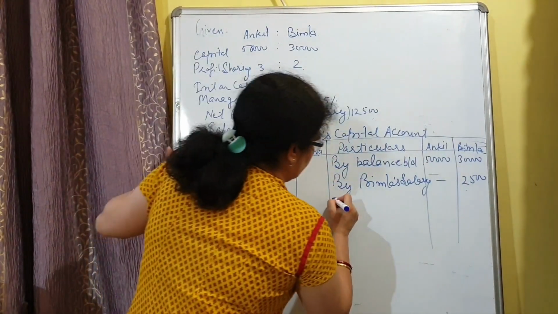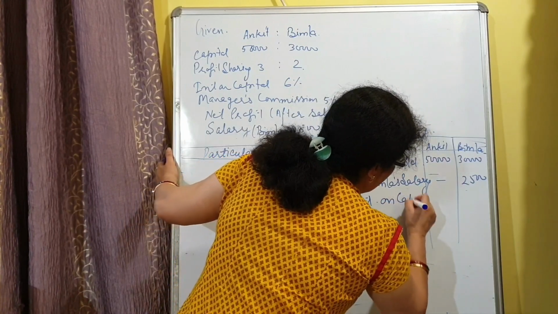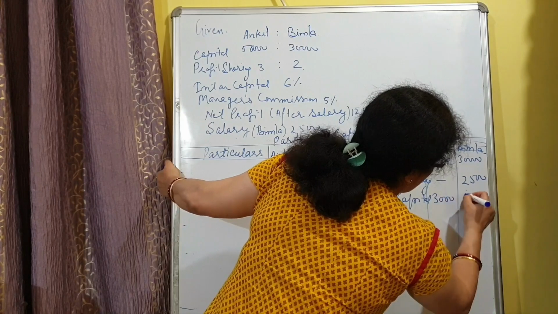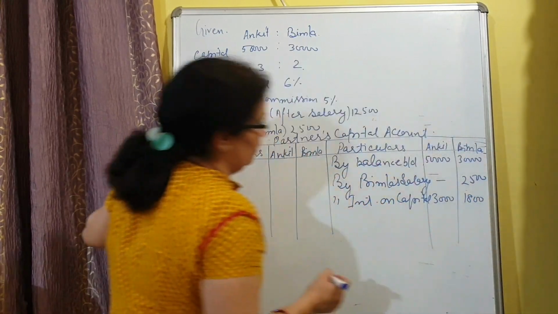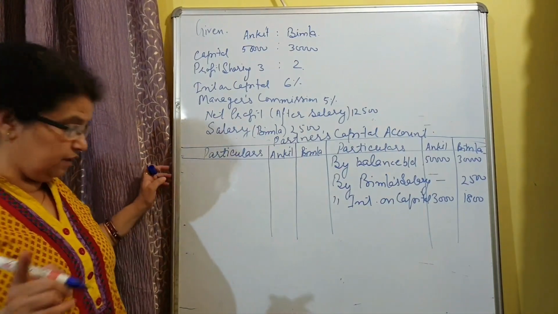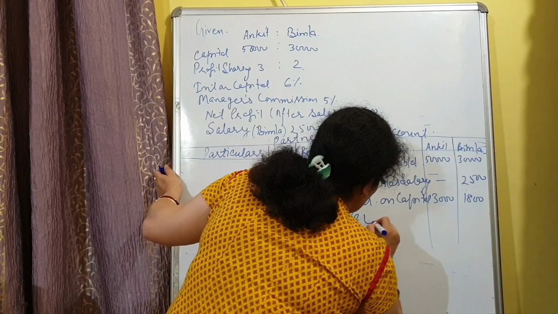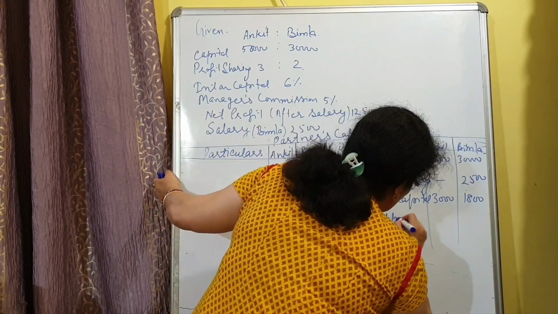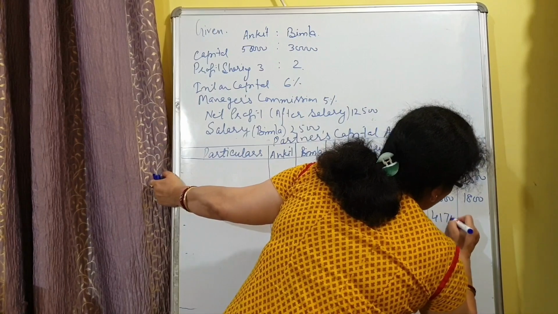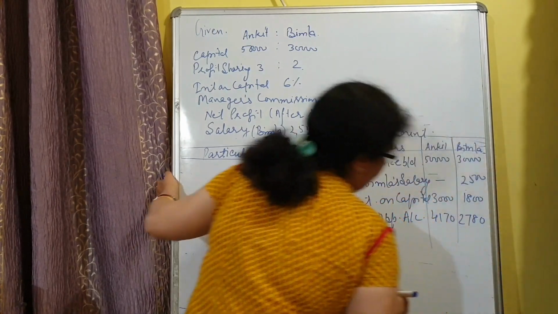Interest on capital should be given to both the partners, so interest on capital is 3,000 and 1,800. After this, whatever profit share is given to the partner should be written by P&L appropriation account, that is 4,170 and 2,780.